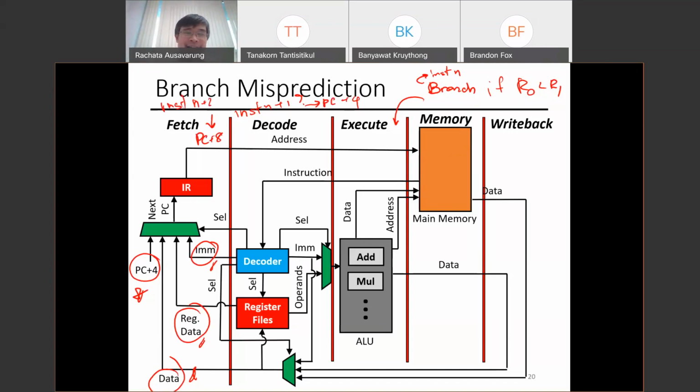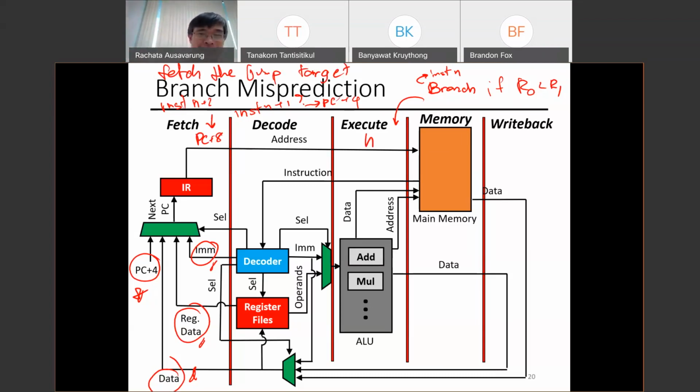What if I actually jump? What if that is true, if R0 is less than R1, what do I do here? Instruction N is already in the pipeline, so you basically need to fetch the jump target, as in an if-else, which might not be PC plus 4.